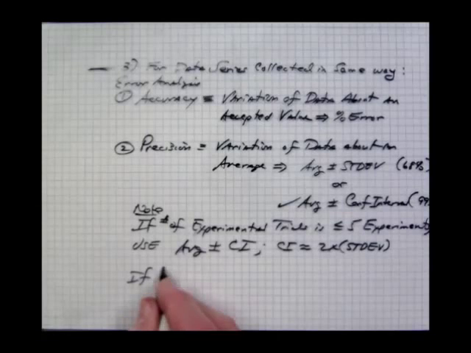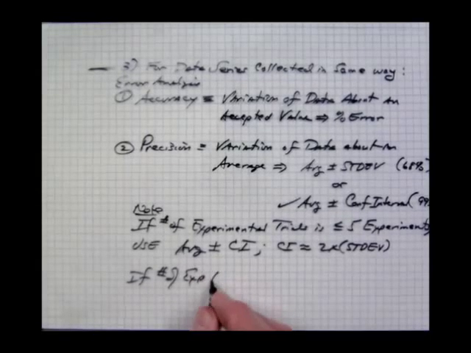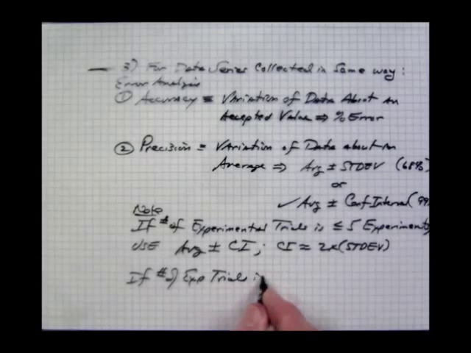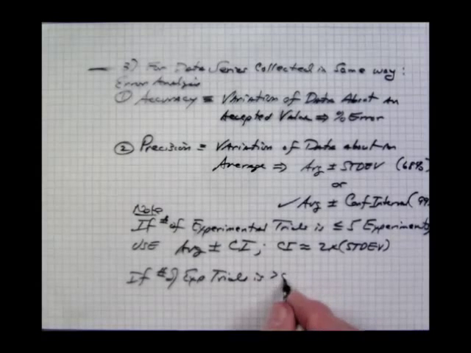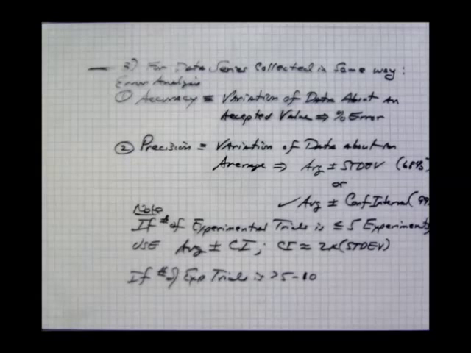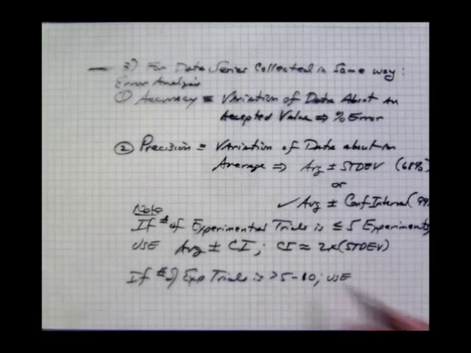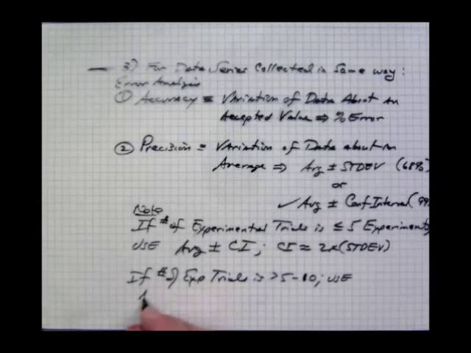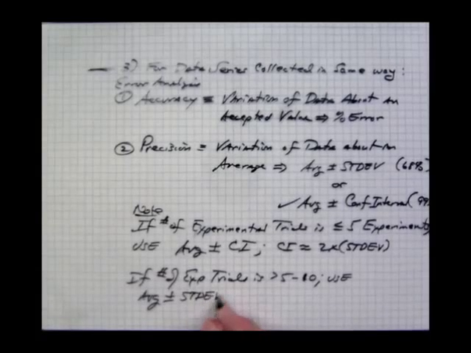If the number of experimental trials is greater than 5 to 10, some people will still use it up to 10, use average plus or minus the standard deviation.